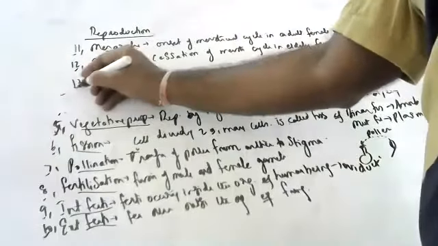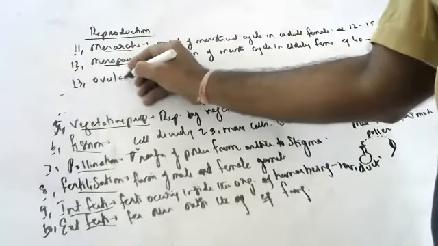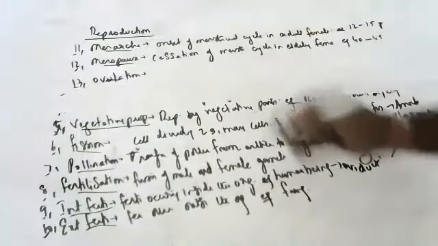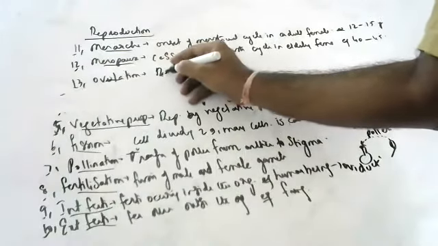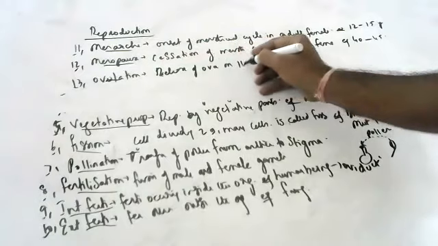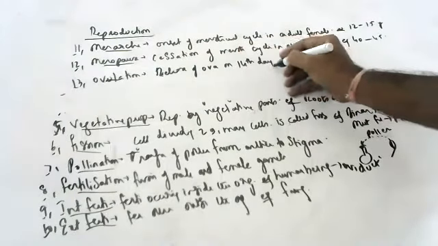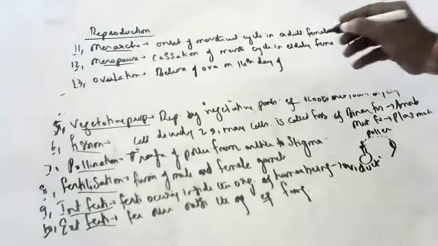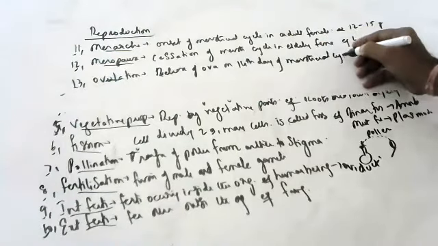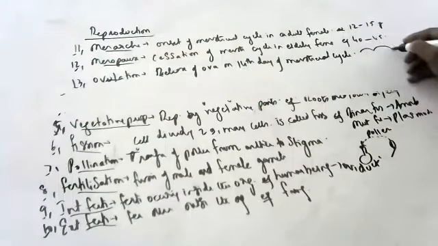What is meant by ovulation? Release of ova on the 14th day of the menstrual cycle is called ovulation.